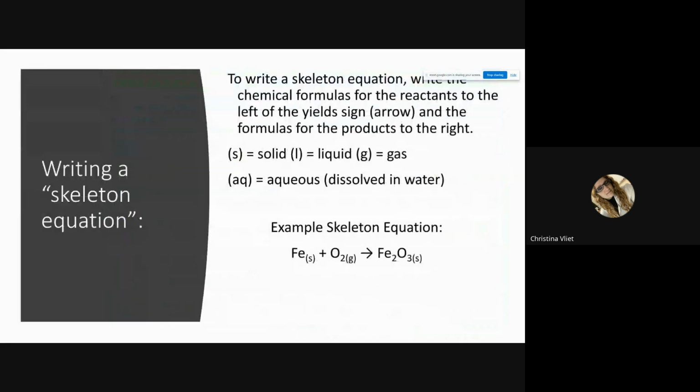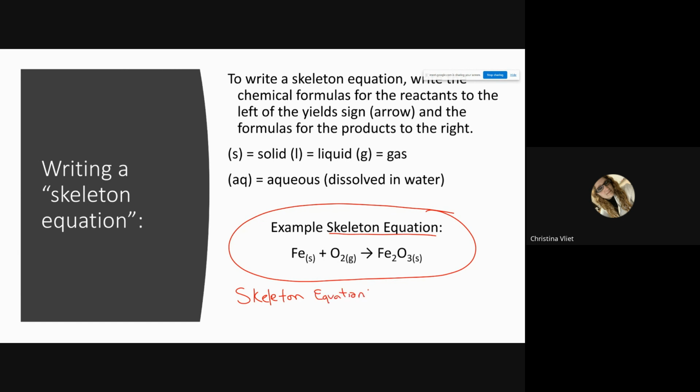So, skeleton equation. The next thing is just to write down, and if you didn't already, write this down as an example of a skeleton equation. All a skeleton equation is, is that it is the identity of the reactants and products, but not necessarily the correct amount.